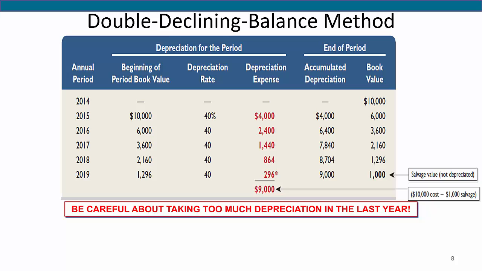If we had used this $518.40 for depreciation expense in 2019, the ending book value would equal $777.60, which is less than the $1,000 salvage value. That would be a problem, right? Instead, the $296 is computed by subtracting the $1,000 salvage value from the $1,296 book value at the beginning of the 5th year, the year when the double declining balance depreciation cuts into the salvage value.